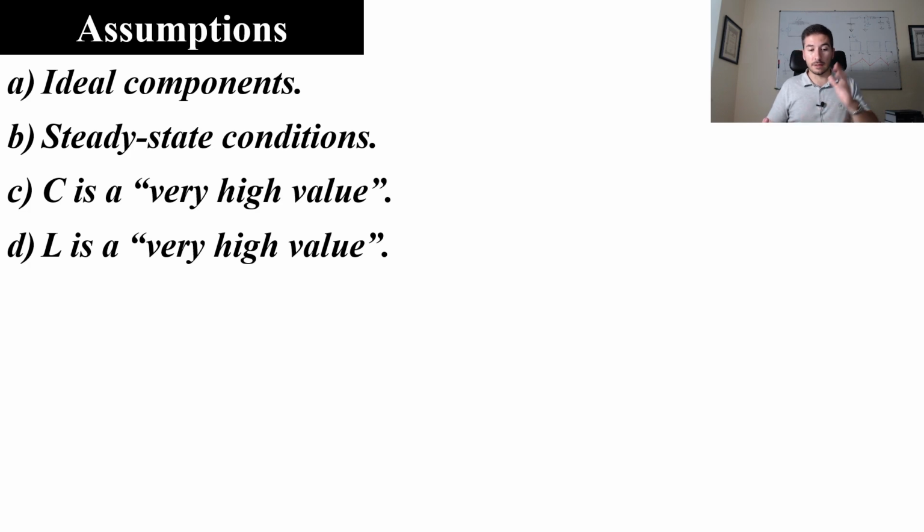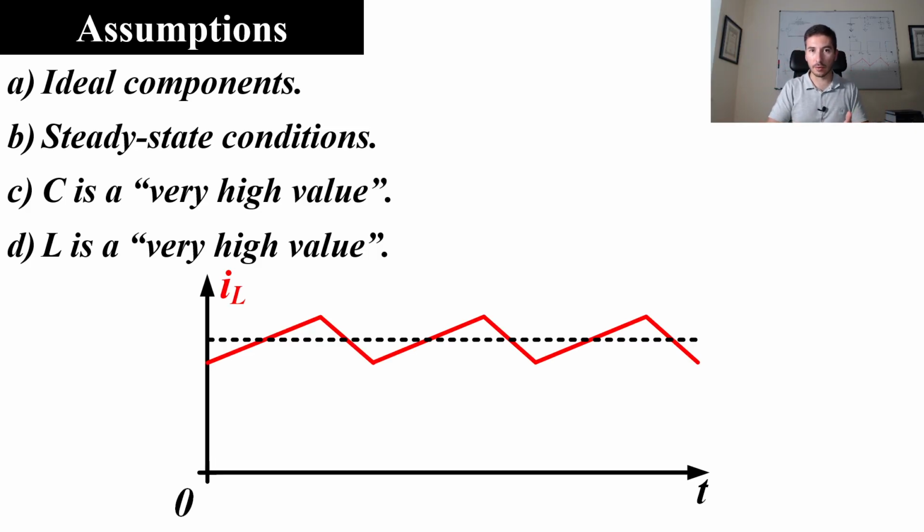Similar idea, the inductance of the inductor is so large that we will neglect the current ripple. Let's see the explanation. In general, the current through an inductor is something like this. We have an average value that I will note as capital IL and some ripple. In this case, the peak-to-peak current ripple is this part of the waveform.